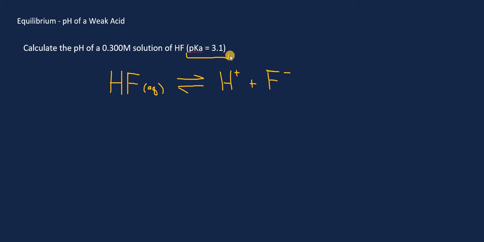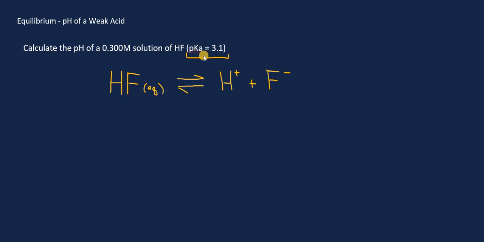And the pKa is another way you can measure the strengths of acids. And it's based off of the Ka, which is the equilibrium constant for acid dissociation. So we're going to need to get the Ka from this pKa value in order to set up our equilibrium expression to solve for x. And pKa works very similar to pH.